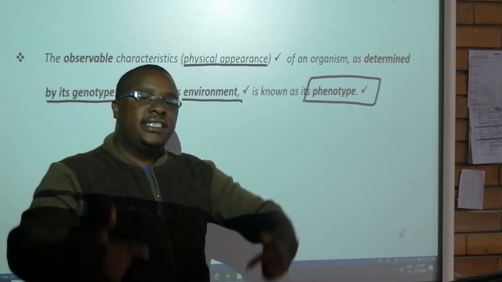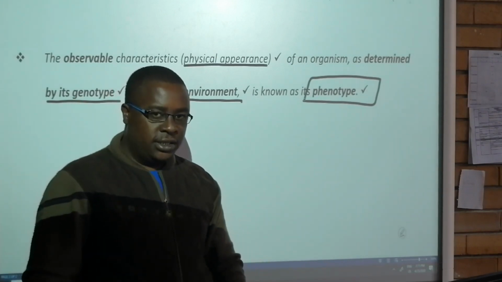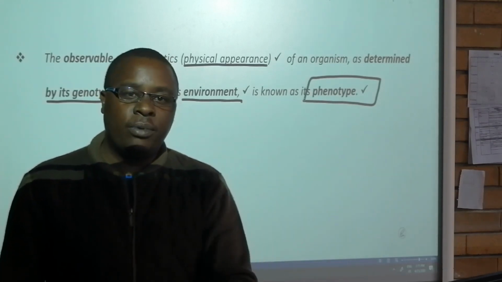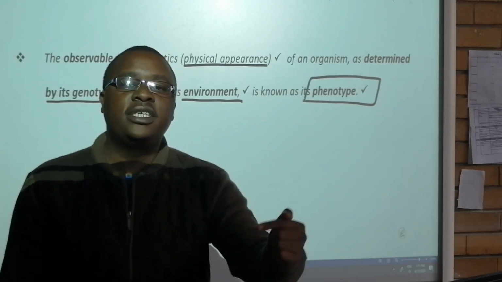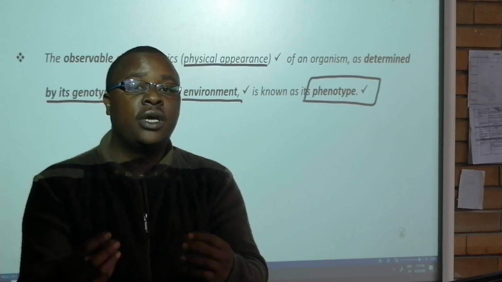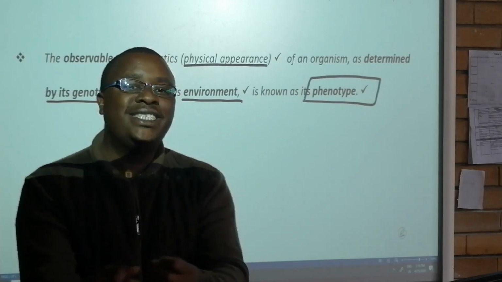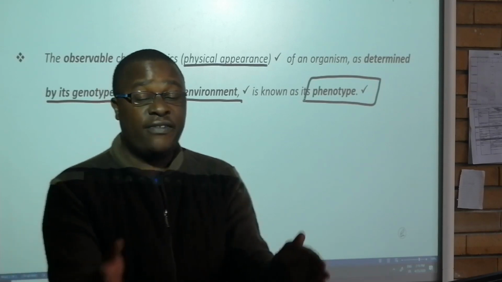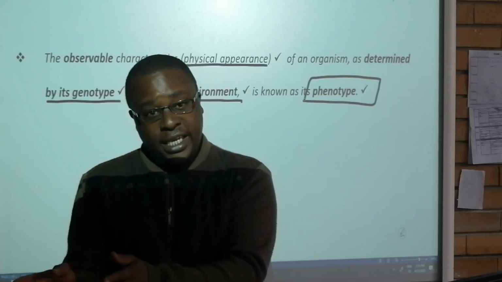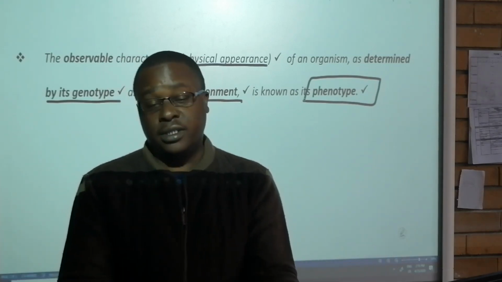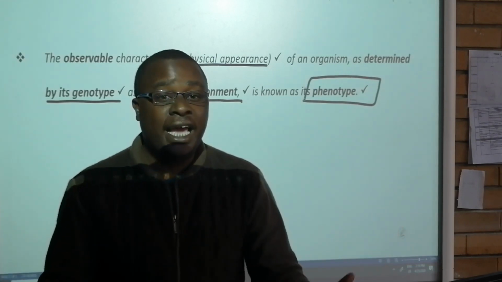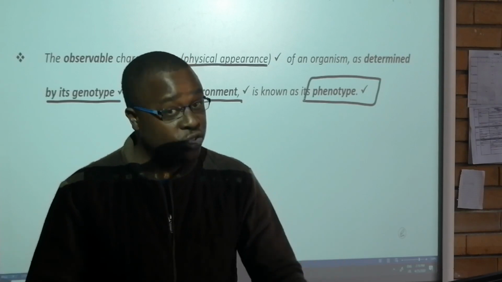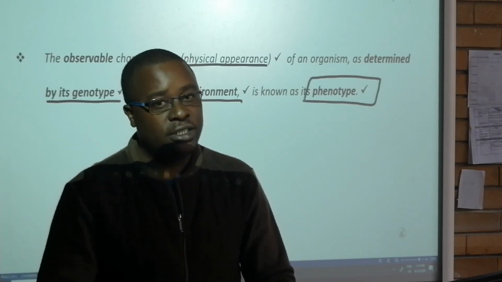Because they are identical twins, they have the same genetic makeup, which in simple terms means they contain the same genotypes. So we have Anne here and Sally here, born on the same day, genetically identical. Because they are genetically identical, they have the same genotypes.